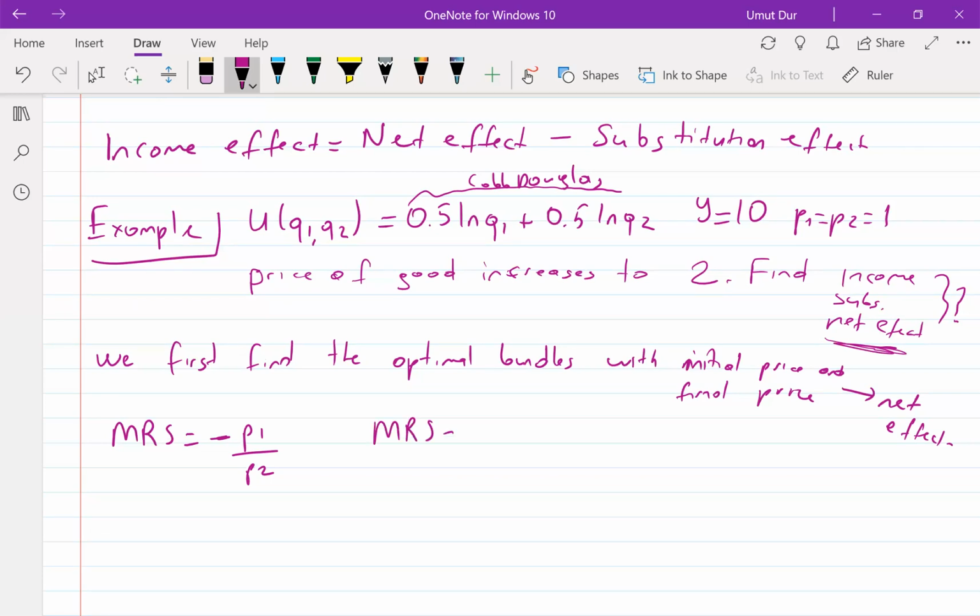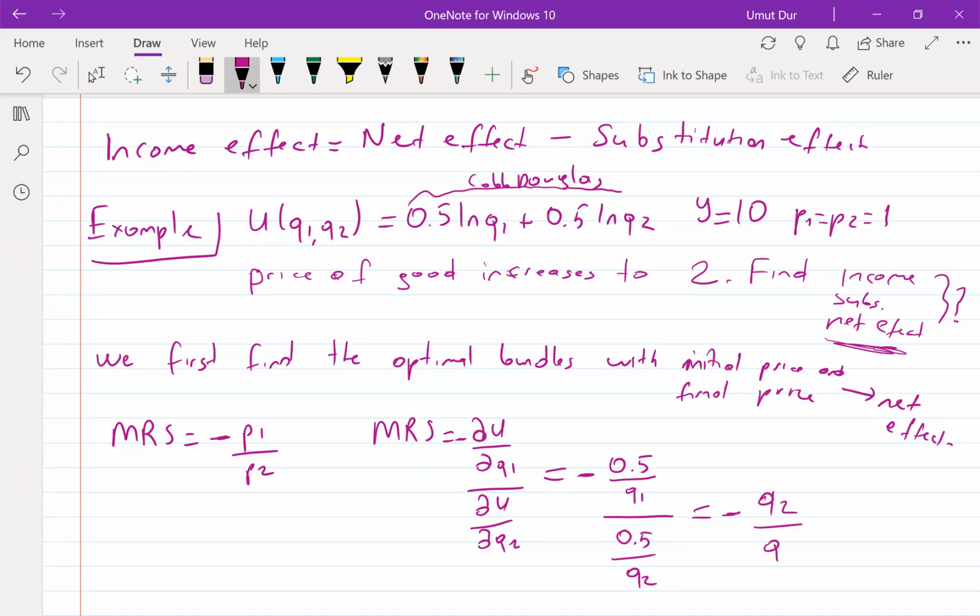It is minus du over dq1 divided by du over dq2. If you do the math, you will have 0.5 over q1 divided by 0.5 over q2, which is q2 over q1.